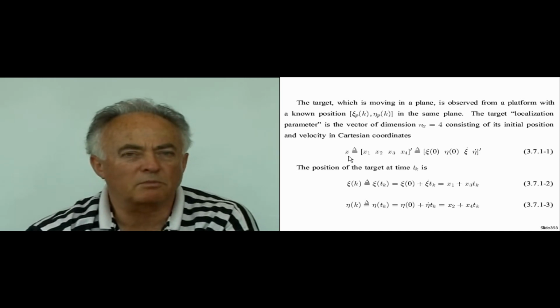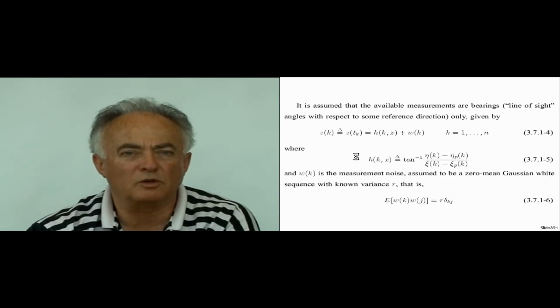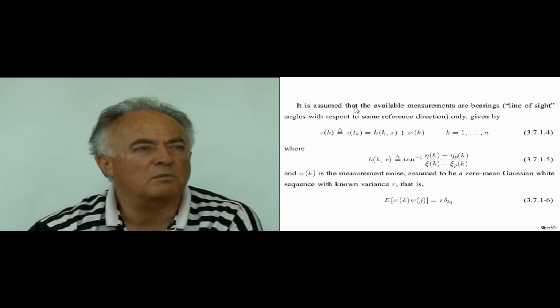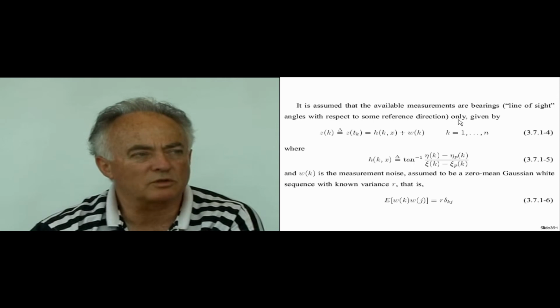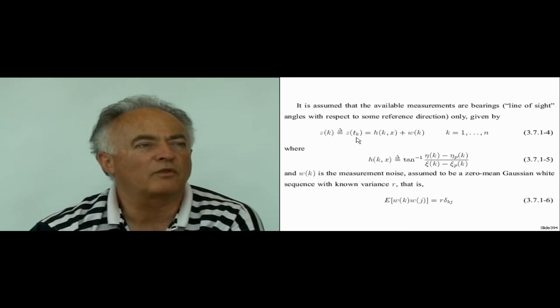The third step would be to express the measurements in terms of the position and then in terms of the basic parameters of the problem. So we assume now that the available measurements are bearings, angles, line of sight angles with respect to some reference location, and that's all, nothing else, given by zk, which is another notation for z of tk, is h of k and x plus wk.